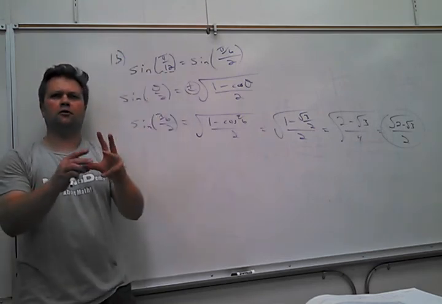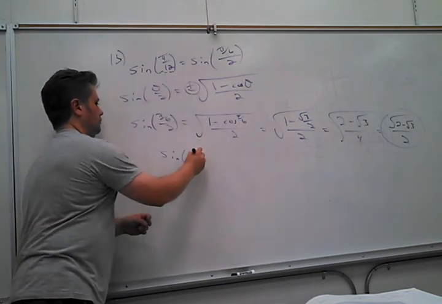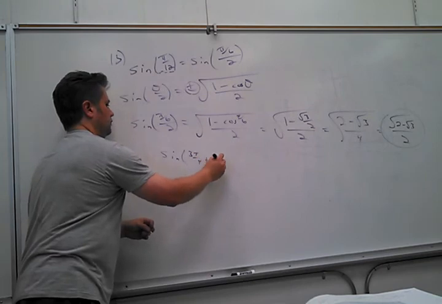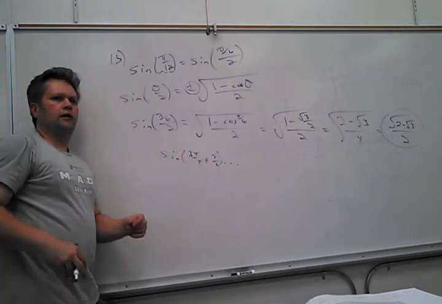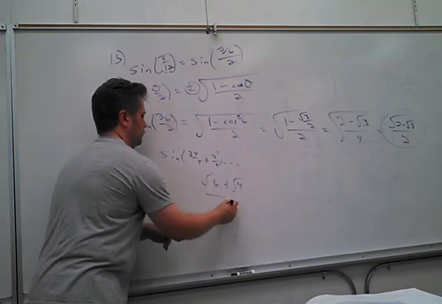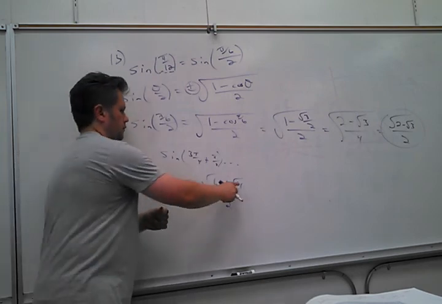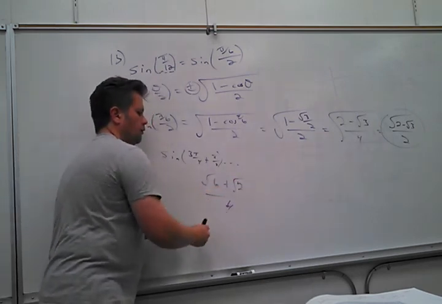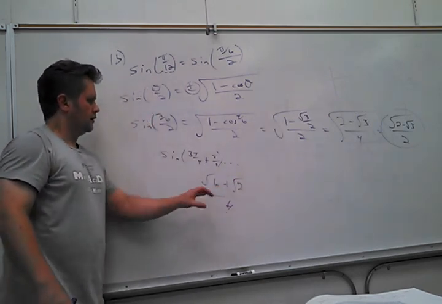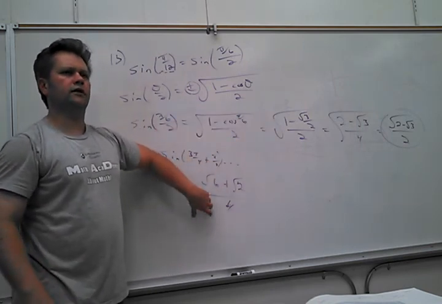So if you guys look back at your quiz, if anybody did, sine of 3 pi over 4 plus whatever, you did an addition subtraction formula, you ended up with something that looked more like square root of 6 plus square root of 2 over 4, whatever it was. That and that are actually the same thing, if that's equivalent.